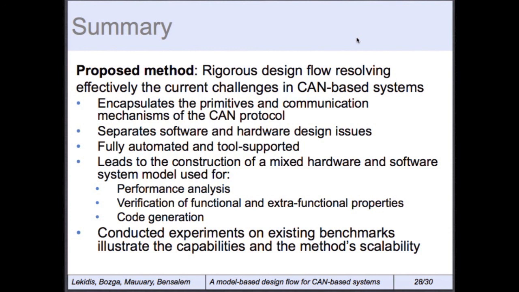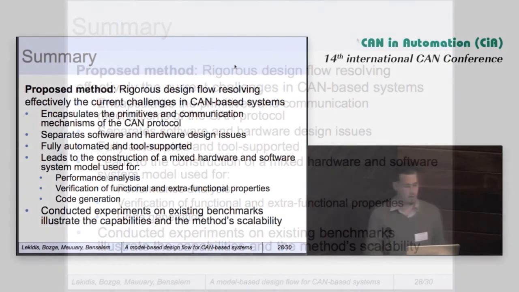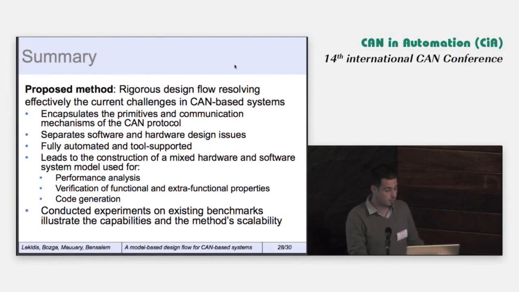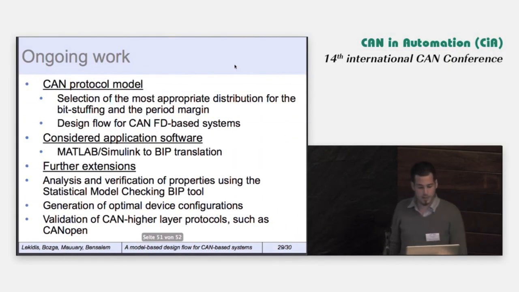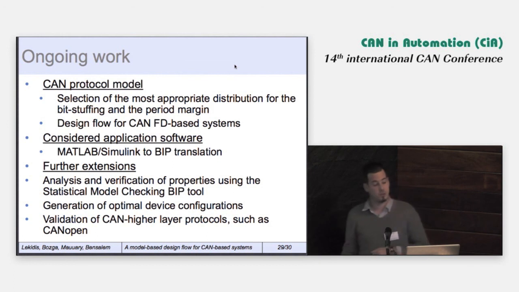You can also perform performance analysis, verify properties upon deadlines on a particular frame, and generate C or C++ code. The ongoing work is based on the selection of the appropriate distribution for the bit stuffing.